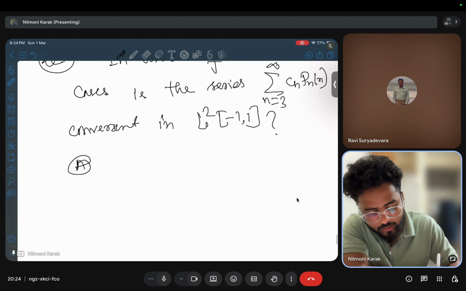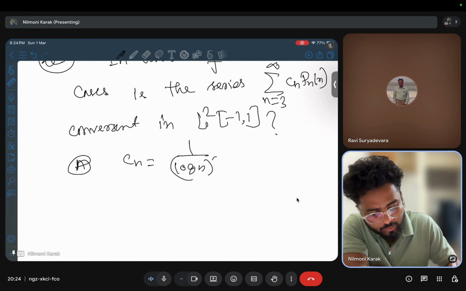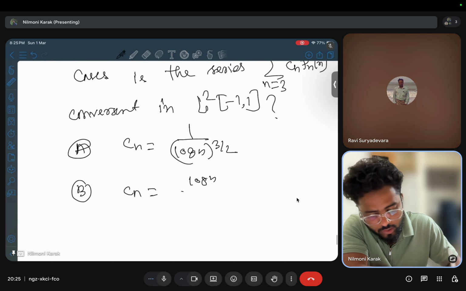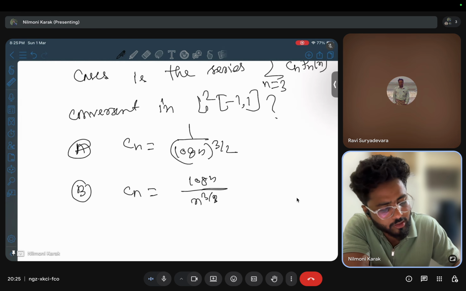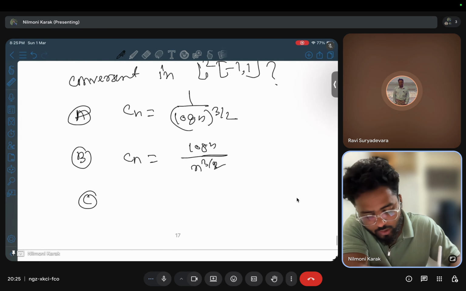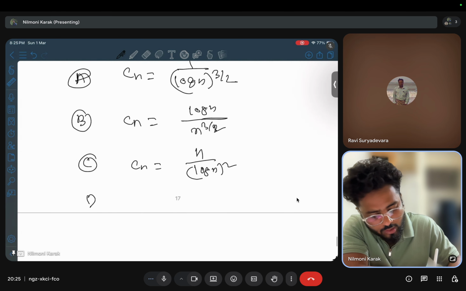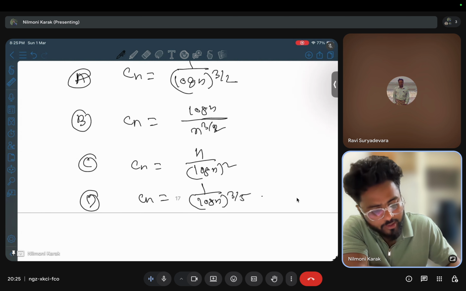Option A: Cn equals (log n) to the power 3 by 2. Option B: Cn equals (log n)^n to the n log n by n to the power 3 by 2. Option C: Cn equals n by (log n) square. Option D: 1 by (log n) to the power 3 by 5.